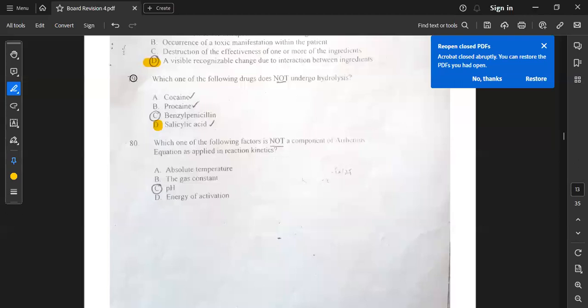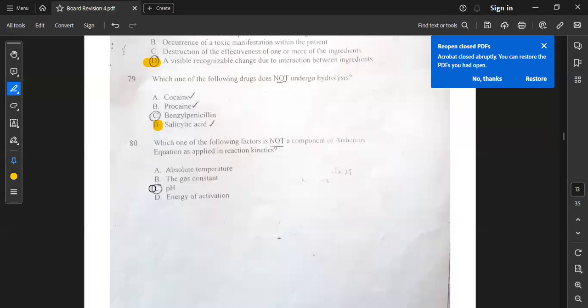Going to number 80, which of the following factors is not a component of the Arrhenius equation? I think the fake Spider-Man went ahead of us and even tweeted the Arrhenius equation and told us that the answer is C, right?